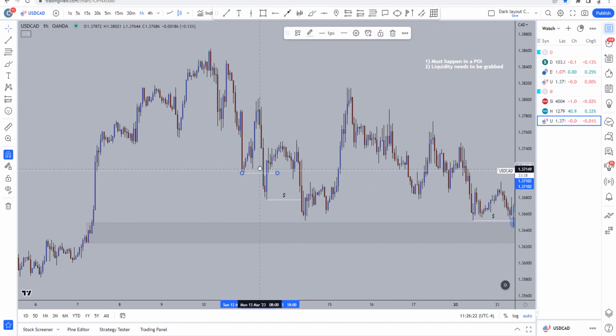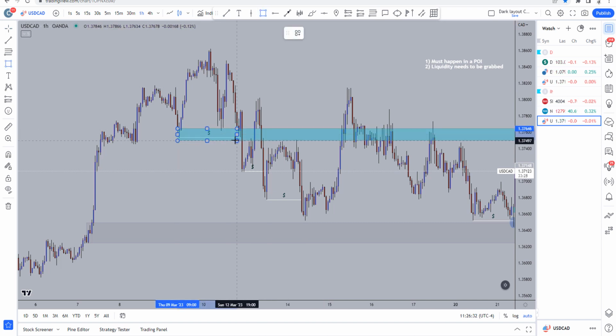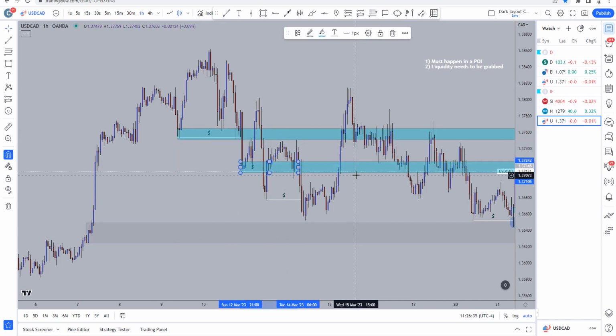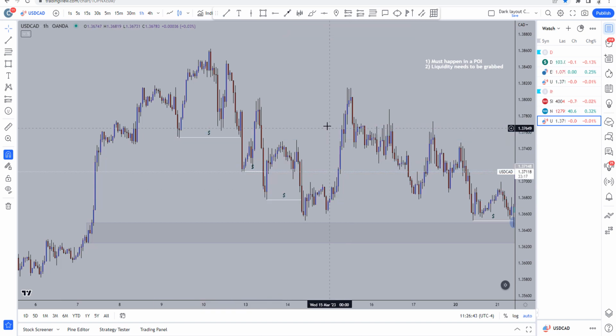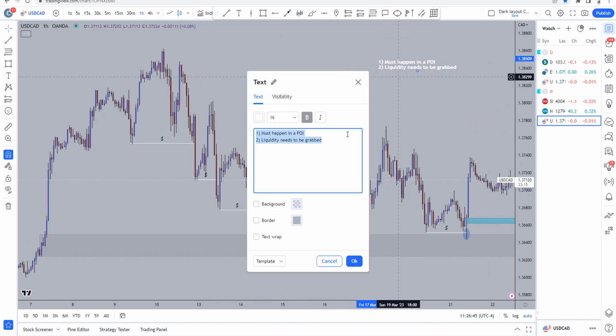So when we reached our area, we had already grabbed a bunch of liquidity from those support and resistance traders who went long over here, and then over here, then over here with a small reaction. We grabbed the liquidity and then we broke impulsively towards the upside.